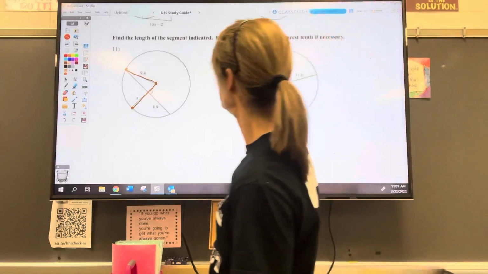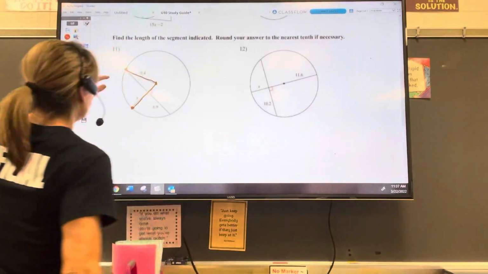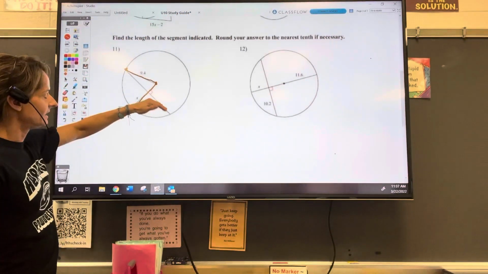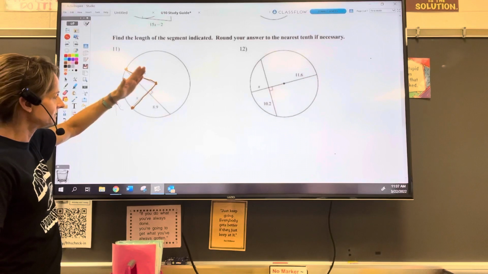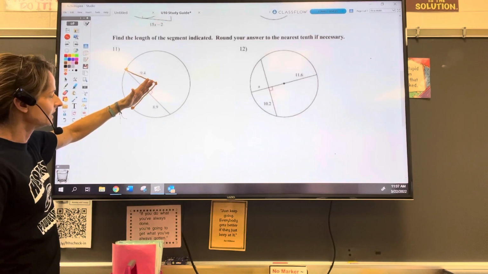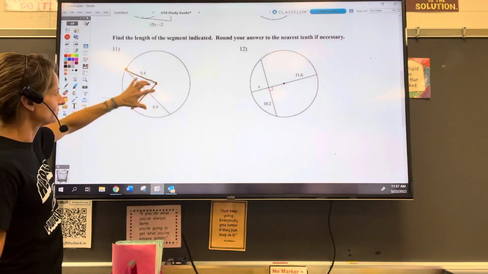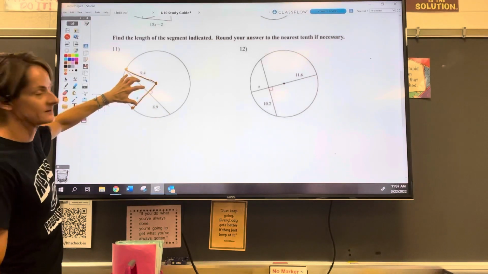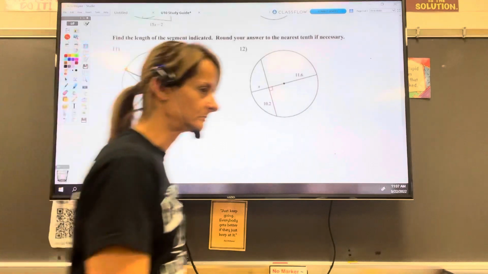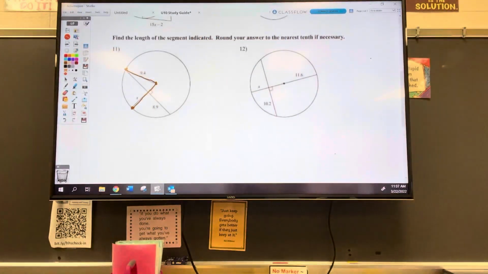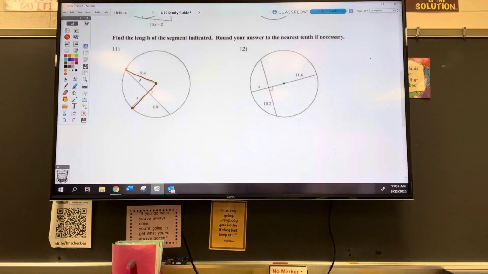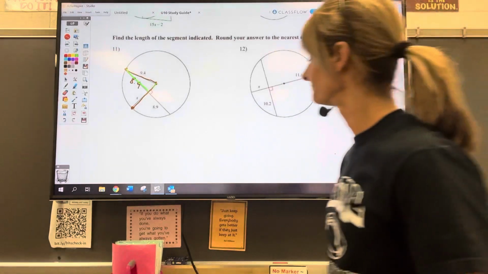So what else do we know? This chord has been intersected by a perpendicular line, which means that these segments are equal. So if this length is 8.9, this length is also 8.9. I'm going to draw that on there in a different color. That's a right triangle there.